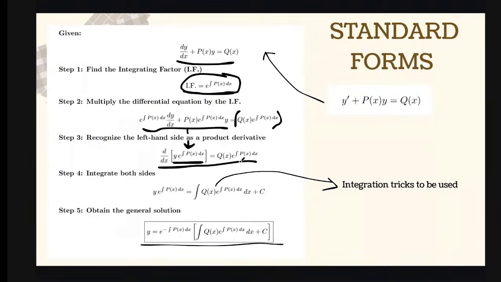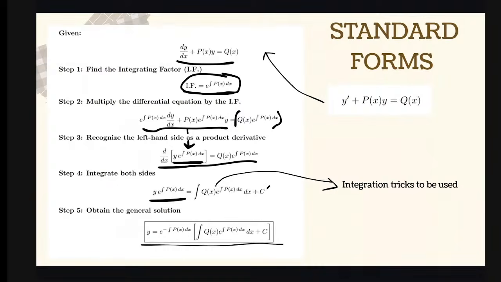Then after this, we integrate both sides, because that's what we always do. After integrating both sides, the integral of a derivative is the function itself, which is y e power integral p(x) dx. On the right side, we get some complex integral, which obviously depends on the way the question is.